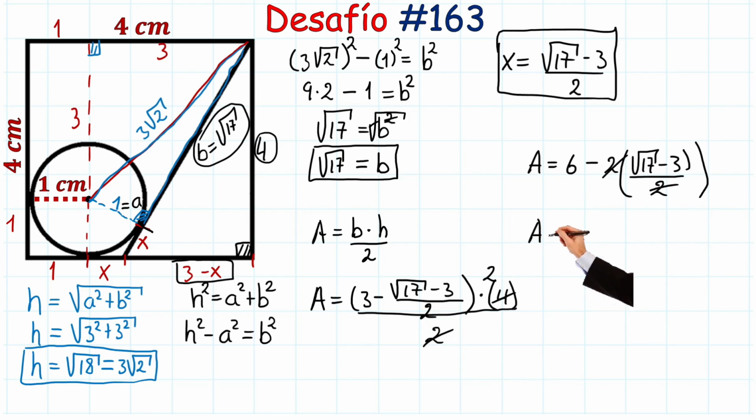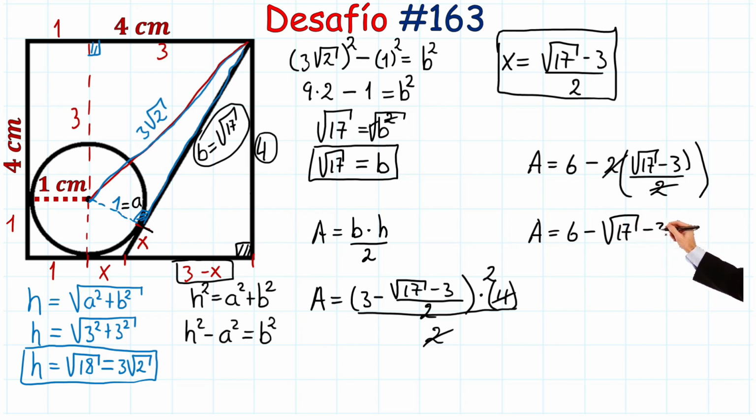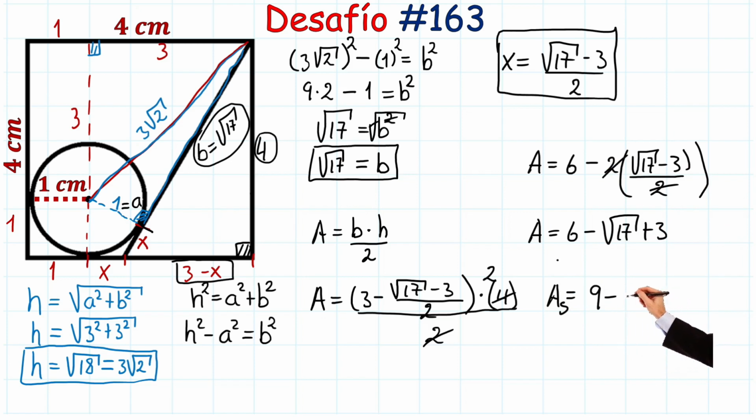And now we have 6 minus the square root of 17 minus 3. Here it's plus 3, sorry, because minus times minus gives me plus. So we get that the shaded area is going to be 6 plus 3, which is 9, minus the square root of 17. Fantastic.